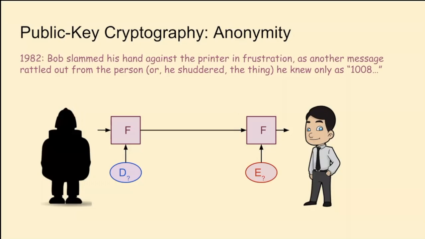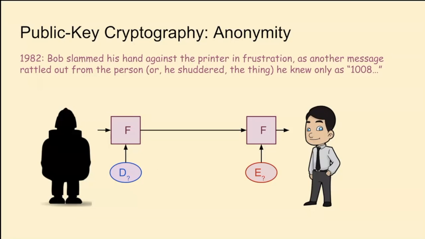There is one sort of wrinkle to that, though, which is that even though I described this process as proving that Alice originated the message, all that it really proves is that a person who knows the secret key that corresponds to a particular public one originated the message.